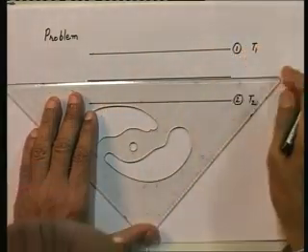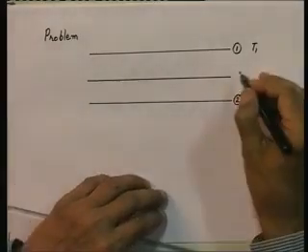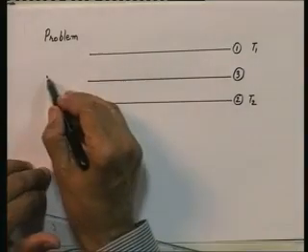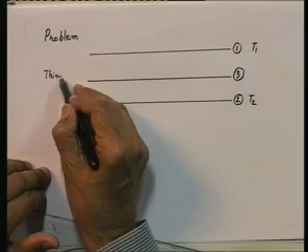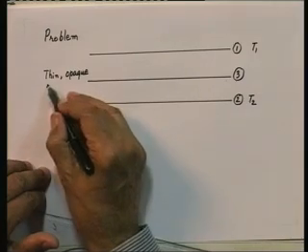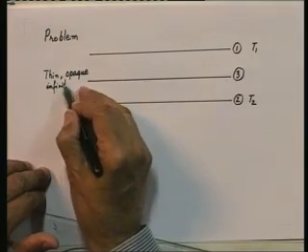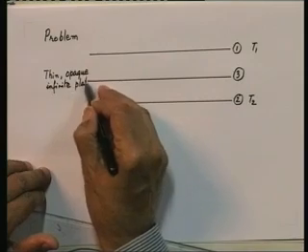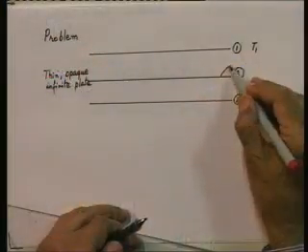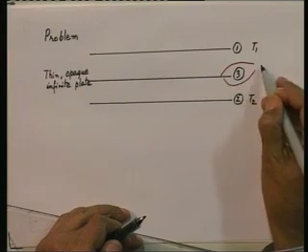Let us say I insert between these two a third plate 3, which is a thin opaque infinite plate, and let us say that its emissivity on both surfaces is epsilon 3. It is a gray surface, diffuse gray.